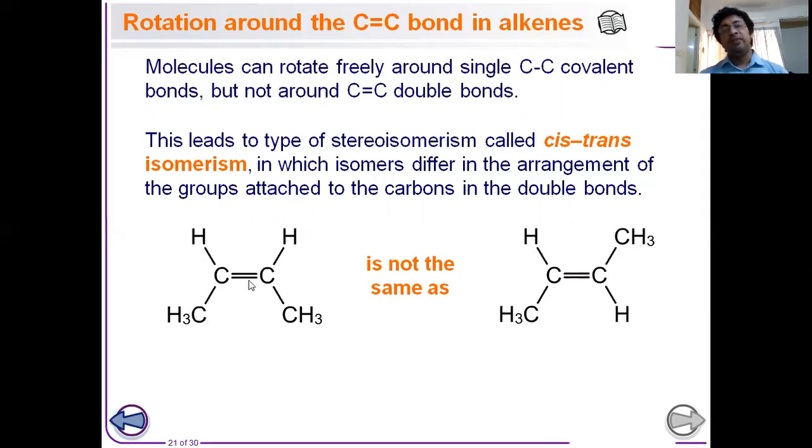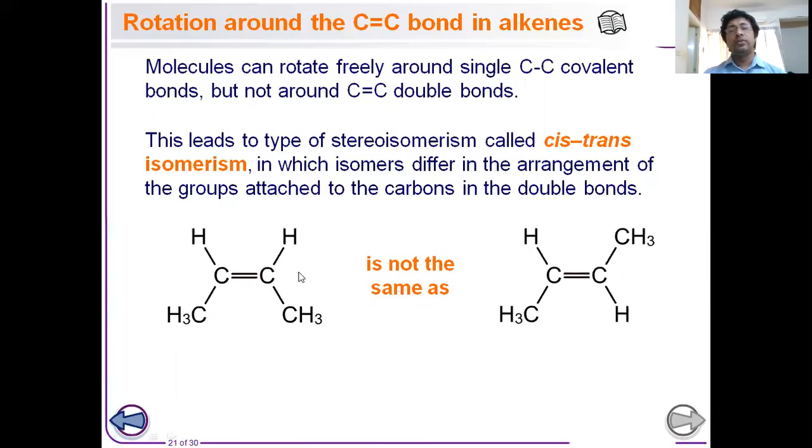But the problem is, as a double bond is present here, the rotation will be restricted. When the rotation is restricted, you cannot consider both molecules the same, because in this molecule, CH3 remains on the same side of these two carbons.